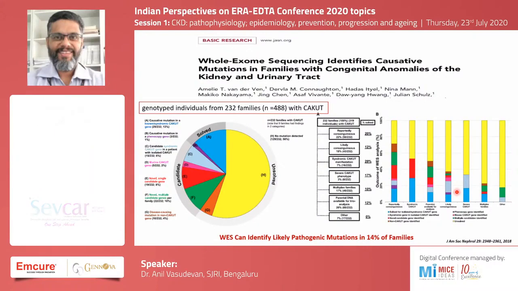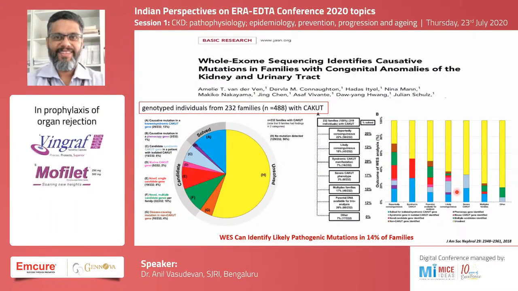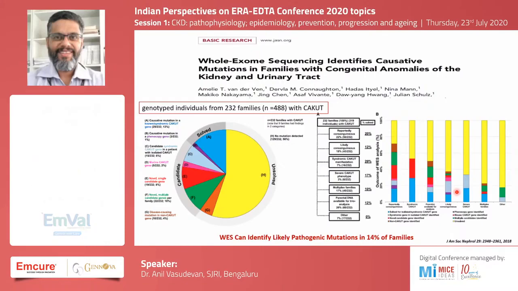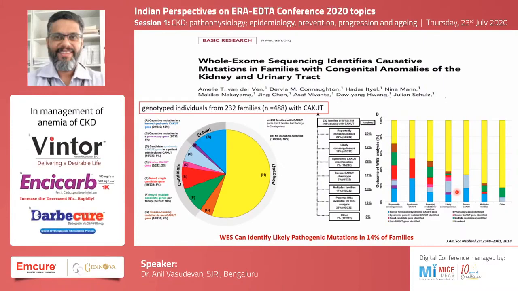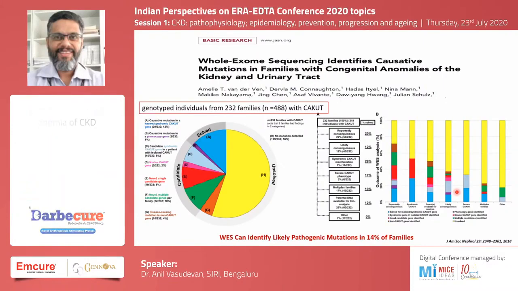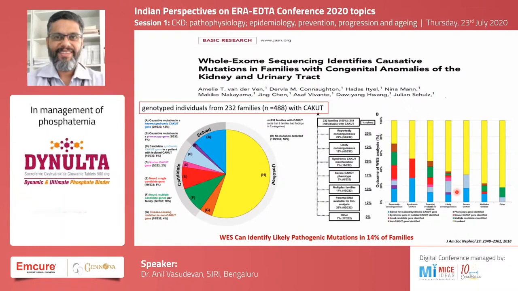What about adults? This is the data from an Irish cohort where they screened for genetic mutations, and in 18 to 20% of their population of adult onset CKDs with CAKUT had some form of a genetic mutation.